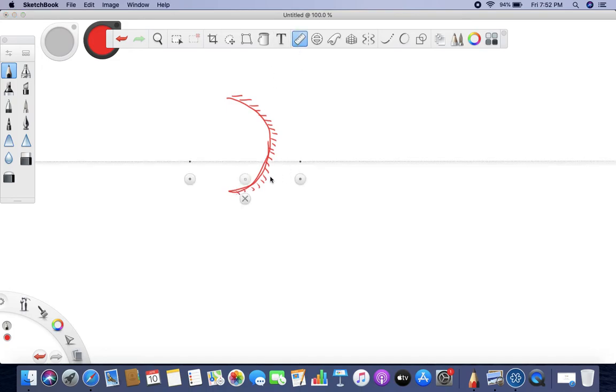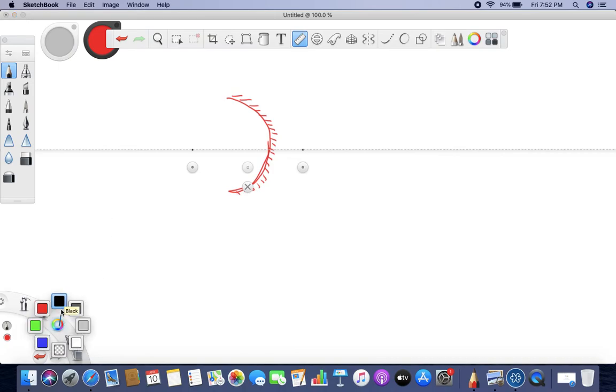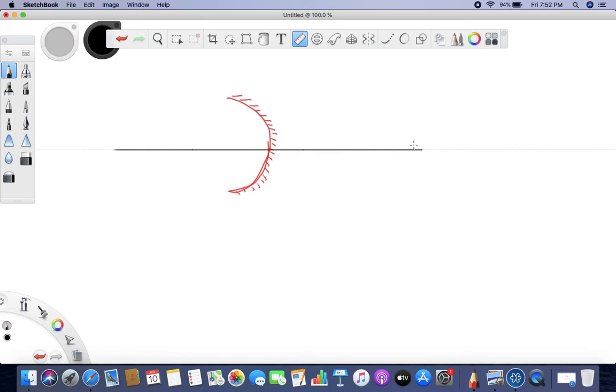Okay, let me draw a principal axis. I'll extend it a little. This is your pole. Okay, I'm going to take your center of curvature and your principal focus.